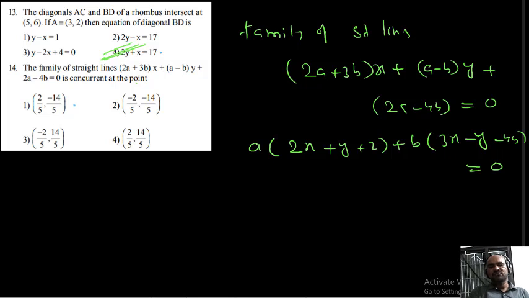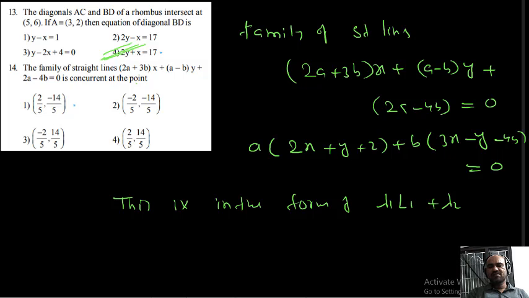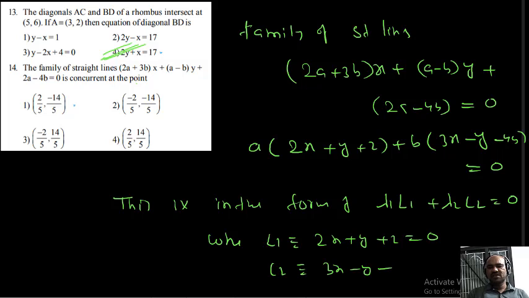Now this is in the form of lambda 1 L1 plus lambda 2 L2 equal to 0, where L1 is 2x plus y plus 2 equal to 0 and L2 is 3x minus y minus 4 equal to 0.